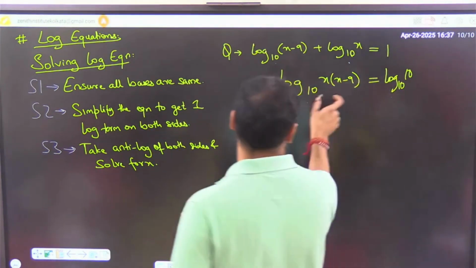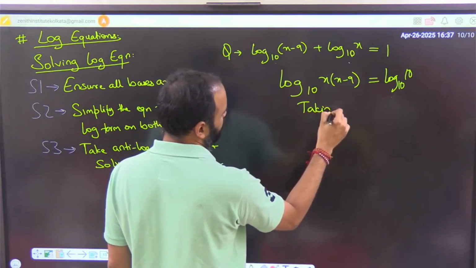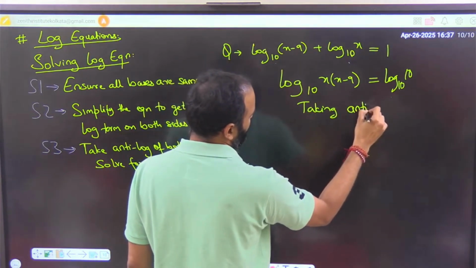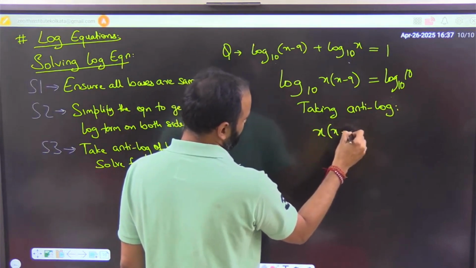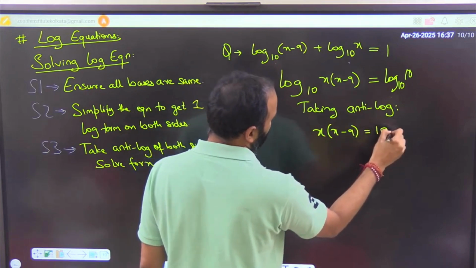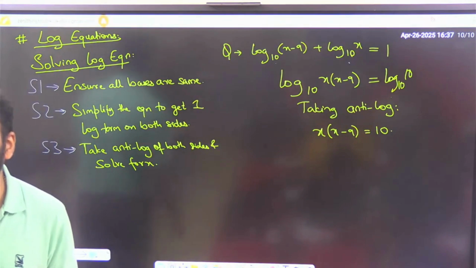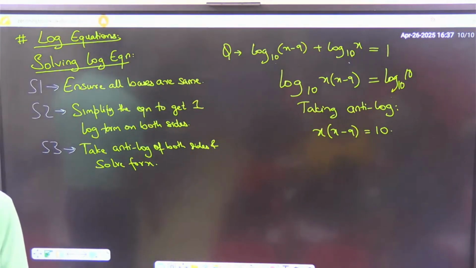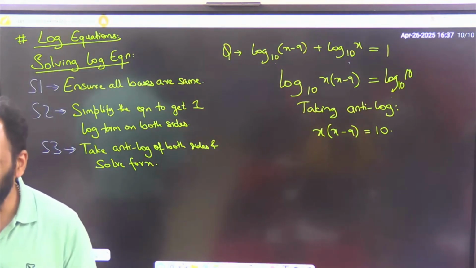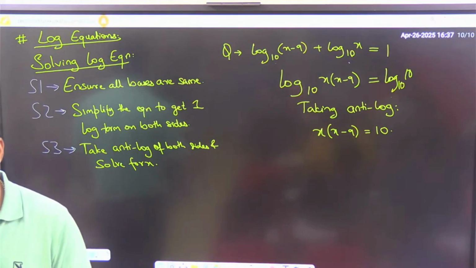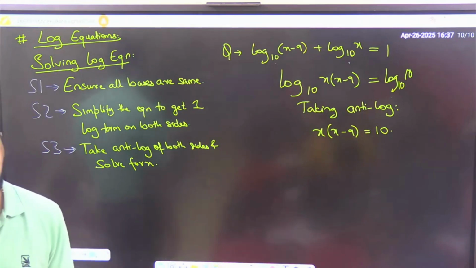If we have log of this equal to log of this, taking anti-log will give us x into (x minus 9) is equal to 10. Taking anti-log is the step of removing log, eliminating log. The process of eliminating logs is referred to as taking anti-log.